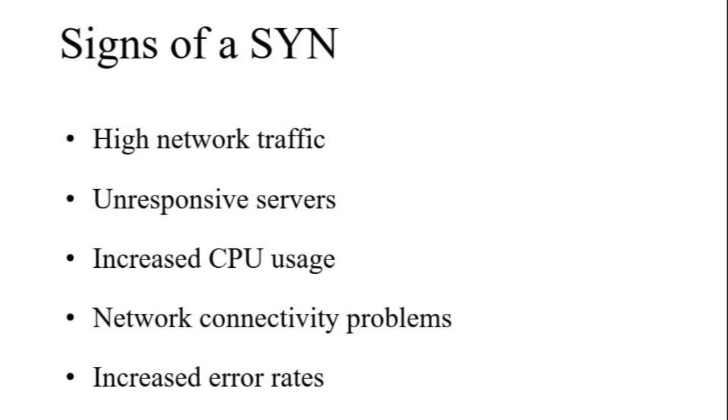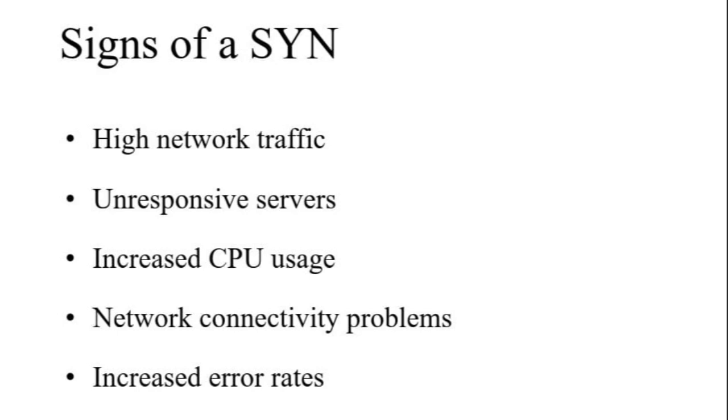And the fourth one is network connectivity problems. A server or network that becomes unavailable or experiences connectivity problems is a potential indicator of a synchronized flood attack, as the server is being overwhelmed by incoming synchronized packets and is unable to process incoming requests.